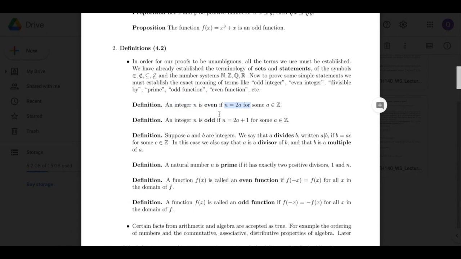Now an integer n is odd if the number can be written as 2a plus 1, where a represents any number in the integers. So usually for even numbers, we write 2a, where a is an element of the integers. For odd numbers, we write 2a plus 1. Normally we use 2k plus 1.